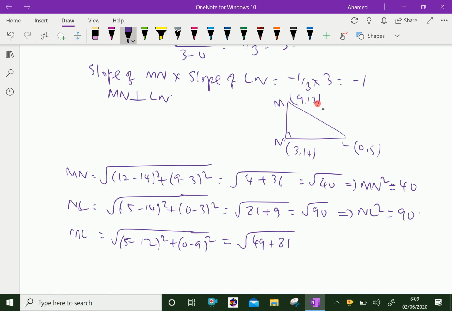Square root of 130, which gives ML square equal 130.